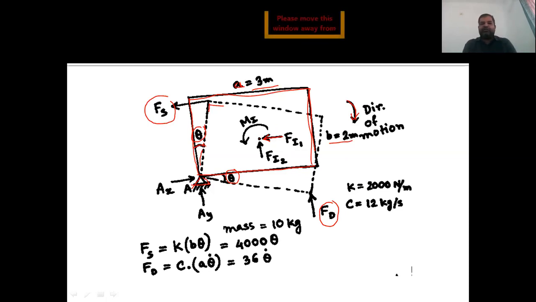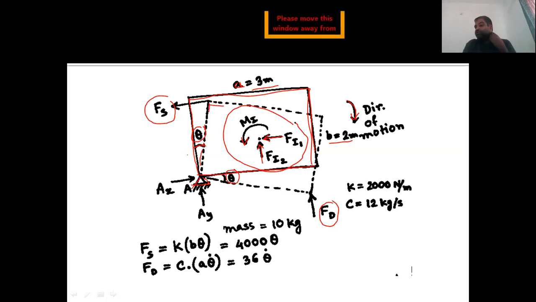So my inertia force is a combination of, first, the force acting on this face, and second, the inertial force acting on this face, because this end is going in this direction and the lower end is going in this direction, which will be resisted by Fi1 and Fi2. Also, this plate is subjected to a rotational moment, so the resisting moment will be Mi. So my total inertia force is the combination of all three.